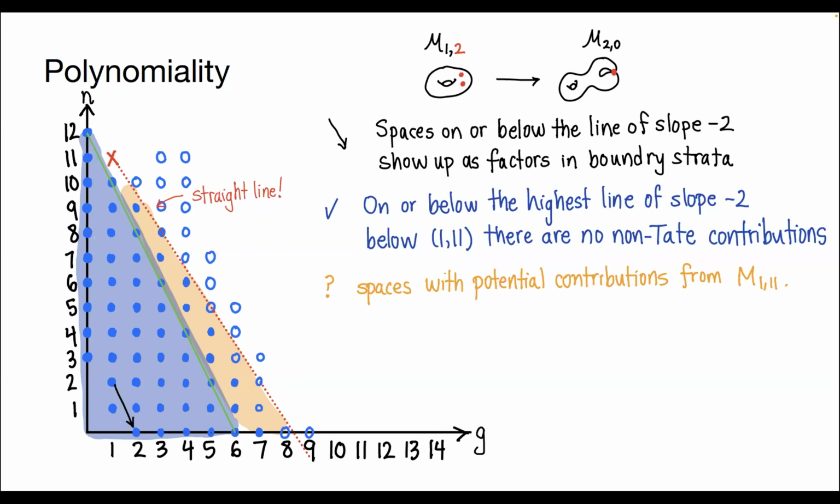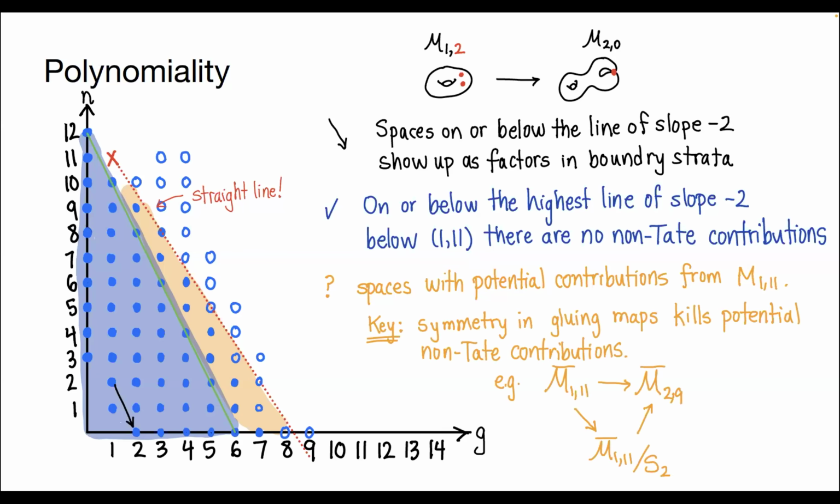And so the key thing that's at play for why these additional spaces in this orange sector turn out to have a polynomial point count too, is that there's some symmetry often in these gluing maps. The simplest example of this is M2 9 bar. It has a boundary stratum. The irreducible boundary stratum is the image of M1 11 bar under a gluing map.